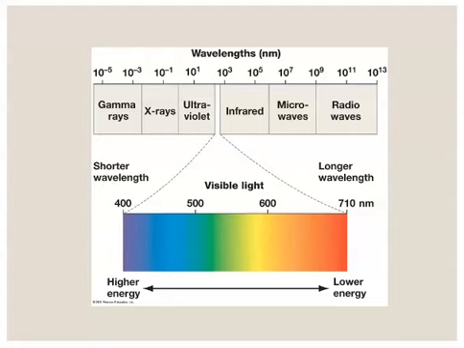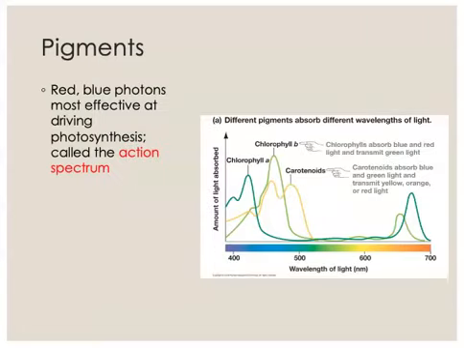And it turns out that these are the two types of visible light that drive photosynthesis. Another way to say that is that red and blue photons are most effective at driving photosynthesis. And so we refer to these wavelengths as being the action spectrum.